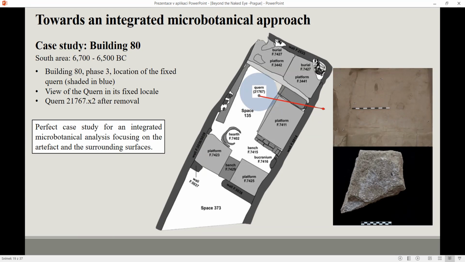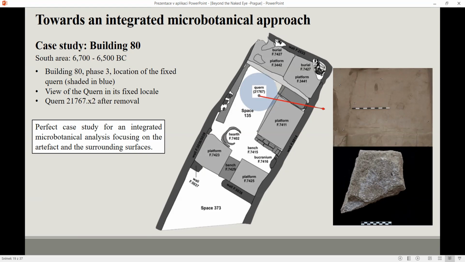And one of the most interesting features of this building is the presence of a fixed grinding installation in the central space of this building that was there through multiple occupation phases. And in some way, it may have dictated or influenced what kind of activities were taking place in this area of the house.